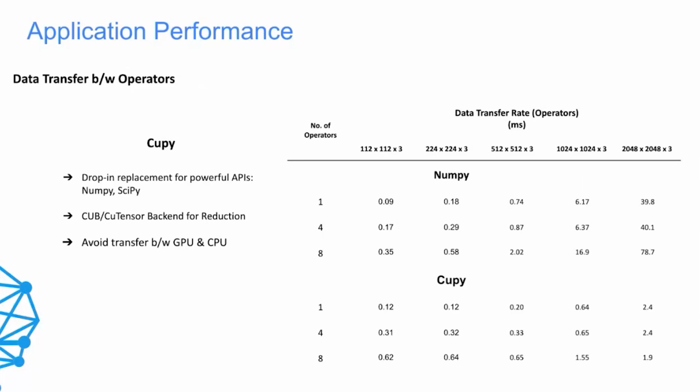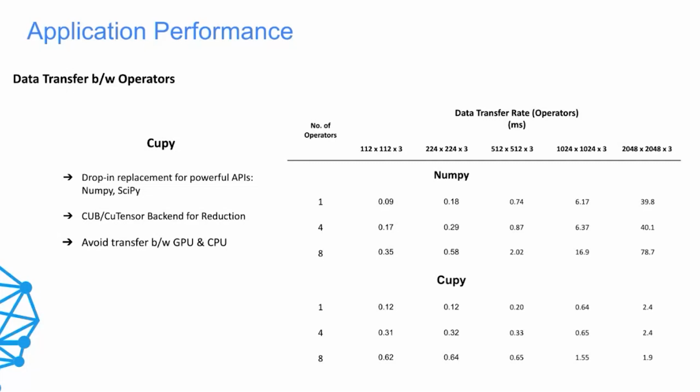In terms of application performance, as we saw previously for overlay, we saw a NumPy and CuPy comparison. There is a similar comparison for any other data transfer that is happening between operators. It is recommended that we use CuTensor or CuPy.